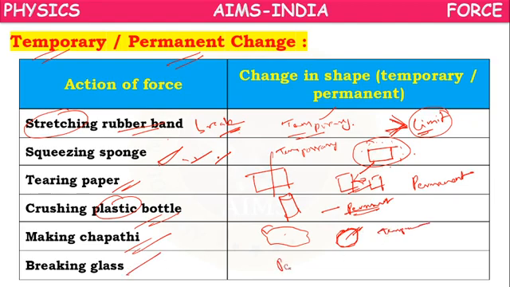Breaking a glass, permanent. Actually, the chapati also, by itself, cannot come back to its original position, so in that way it is permanent. But if you apply force, we can make it come back to its original position. So some changes may be permanent, some changes may be temporary.